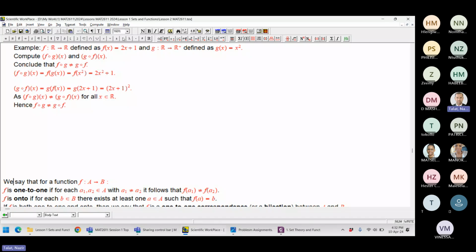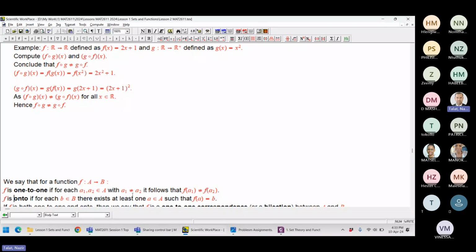Now, the next topic is one-to-one function and onto function. A function from A to B is said to be one-to-one whenever, if we take any two distinct elements A1 and A2 where A1 is not equal to A2, it follows that f of A1 is not equal to f of A2.